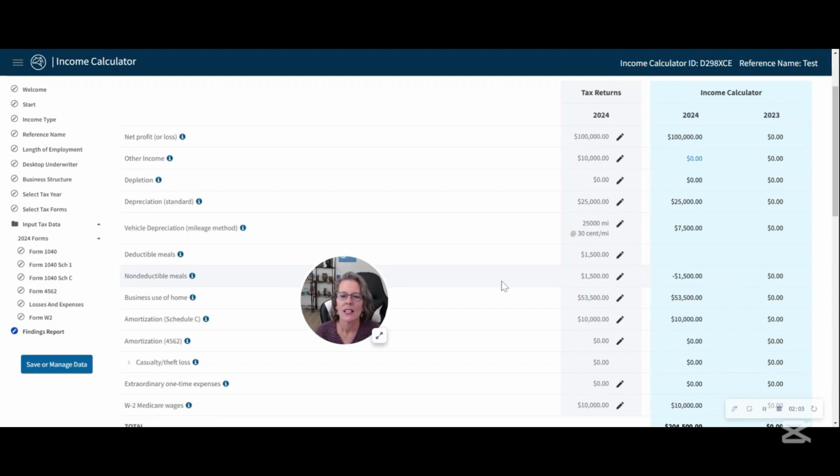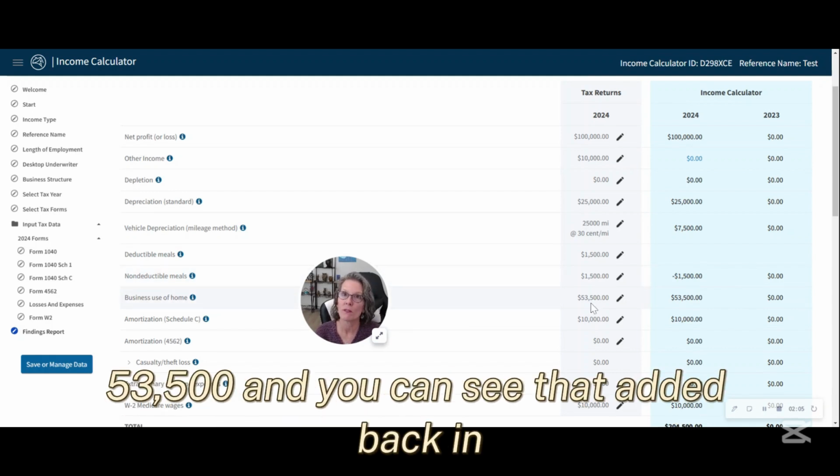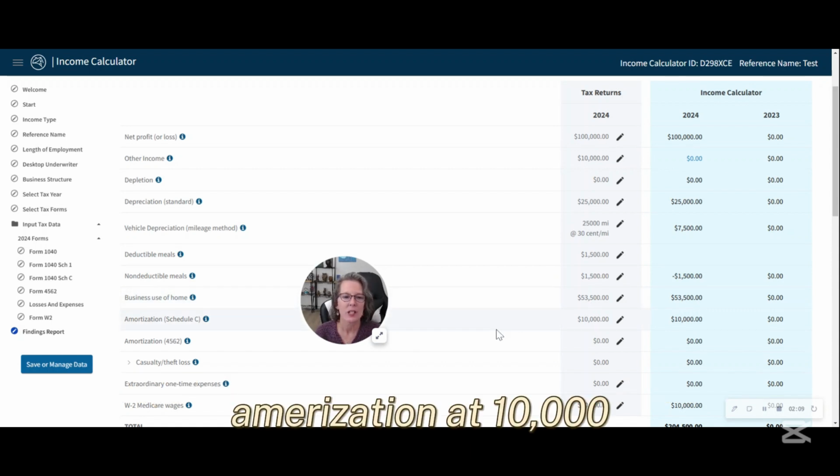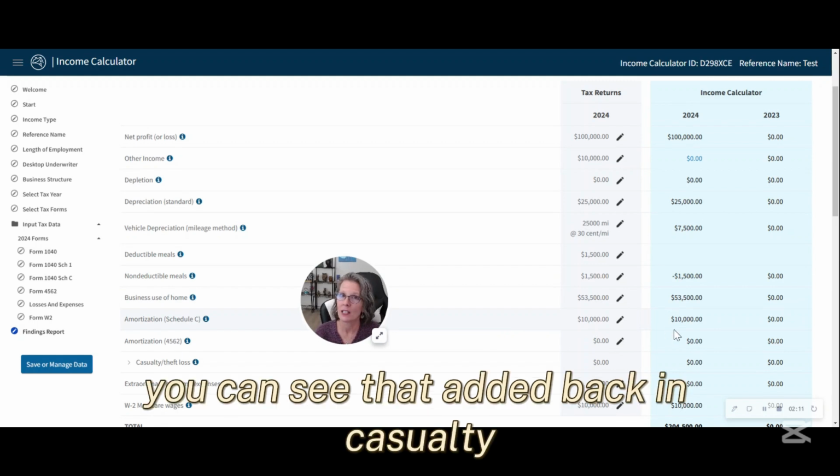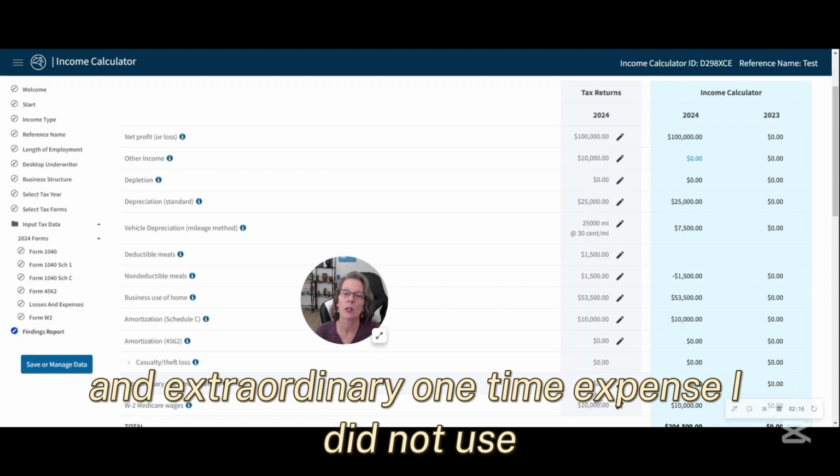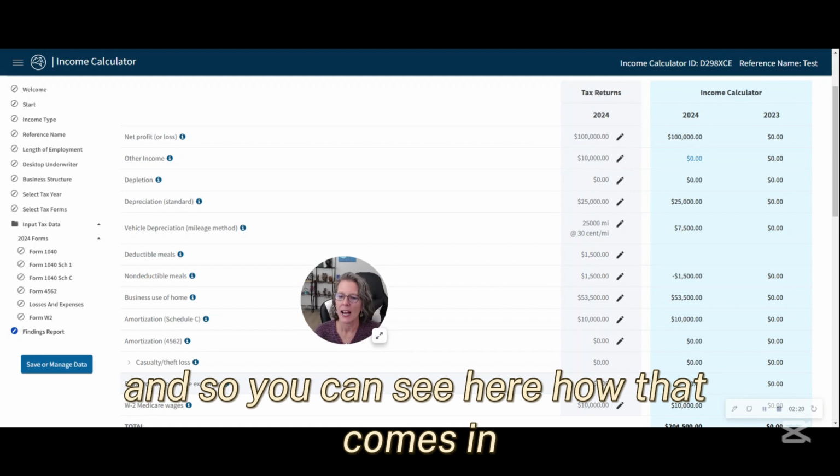Now we've got our business use of home at $53,500, and you can see that added back in. Amortization at $10,000, you can see that added back in. Casualty, theft and loss, and extraordinary one-time expense I did not use. And so you can see here how that comes in.